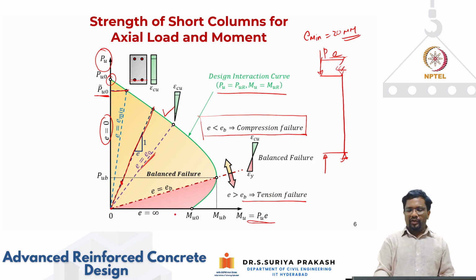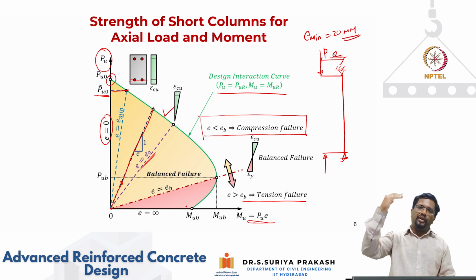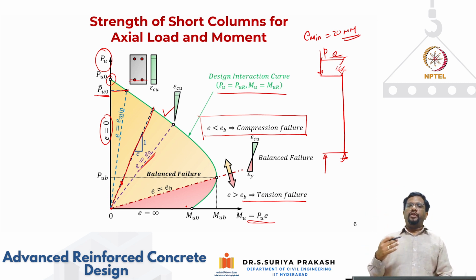And we know that columns usually have symmetrical reinforcement, the same reinforcement at the top and bottom, or the reinforcement equally distributed on all four sides. So columns under pure bending will always behave like an under reinforced section. That is the reason in pure bending you will have tension failure.